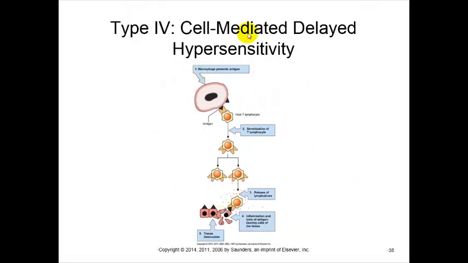So here's a delayed hypersensitivity. Let's see. Here's our picture. We see the macrophage presents the antigen to the T lymphocyte. Here the macrophage phagocytosed that antigen, and it's going to present it. Now the T lymphocyte is ready to go. It's sensitized.